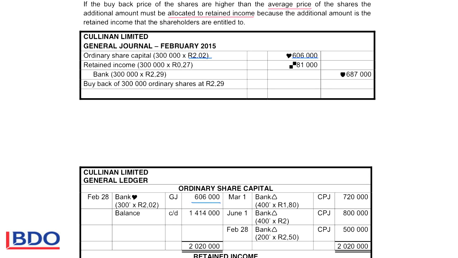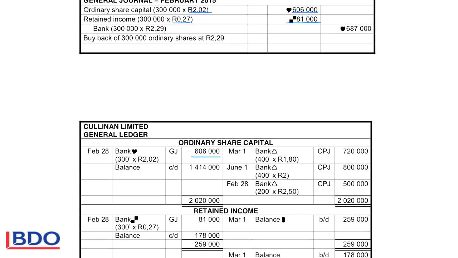Retained income, the amount that's paid back above the R2.02, so the difference between R2.29 and R2.02, will be covered out of retained income, and retained income will be debited, and we will show that the retained income decreases on the debit side with 81,000.